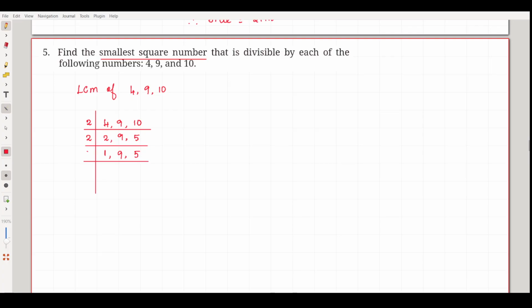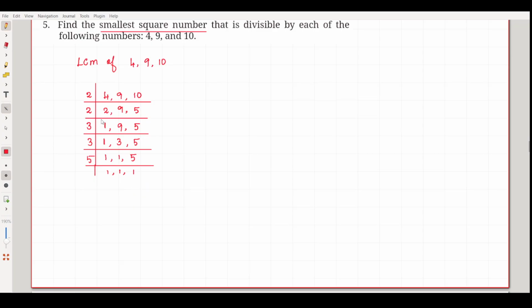Next we go with the 3 table. 3 3s are 9, 5 as it is. Again the 3 table, 1, 1, 5. Next we take the 5 table: 1, 1, 1. So we are getting the LCM.